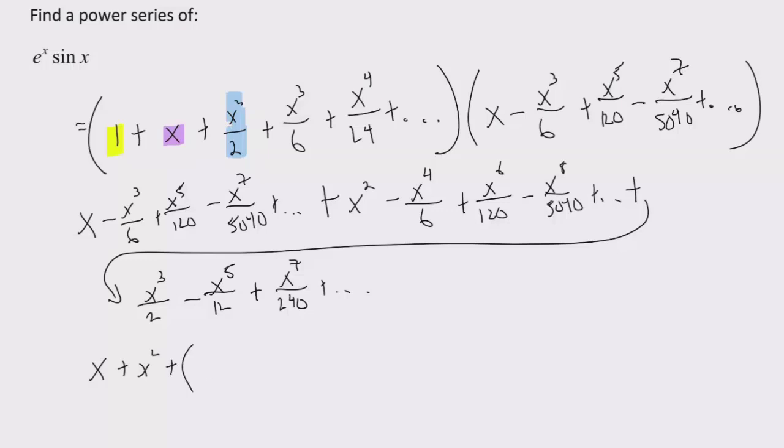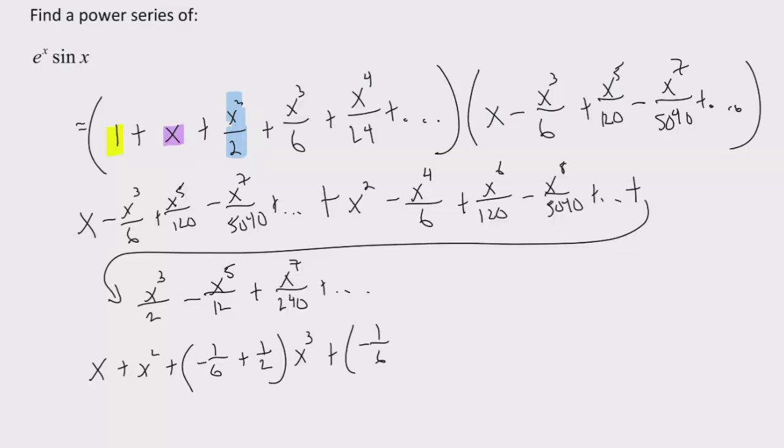I see an x cubed over 6, so negative 1/6, plus another x cubed with 1/2. And I'm not going to find any other x cubes in this expansion. And then x to the 4th, let's see, I see a negative 1/6 there, and do I see anything else?